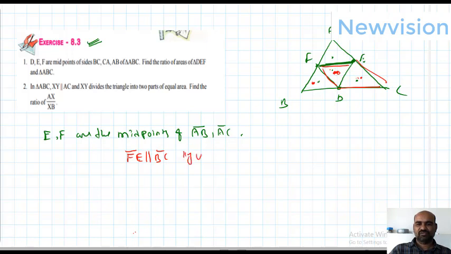Similarly we can prove FD parallel to AC, comma DE is parallel to AB. Okay, so that is FECD is a parallelogram.